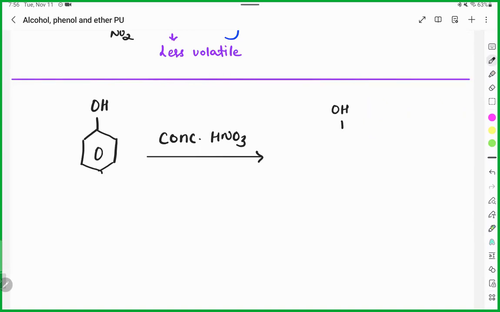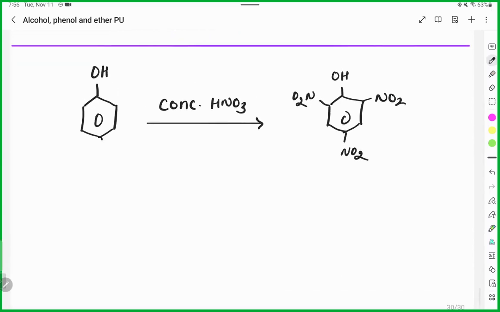Due to high availability of NO2, it will be present on ortho as well as para. What is the name of this compound? 2,4,6-trinitrophenol, picric acid.